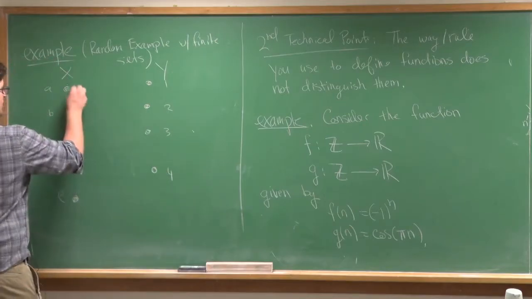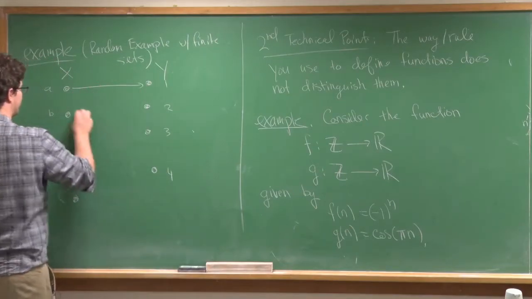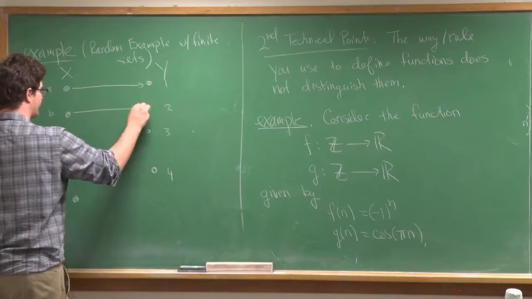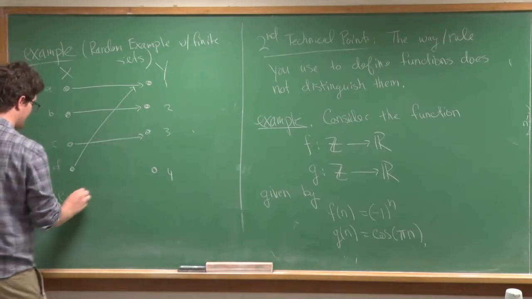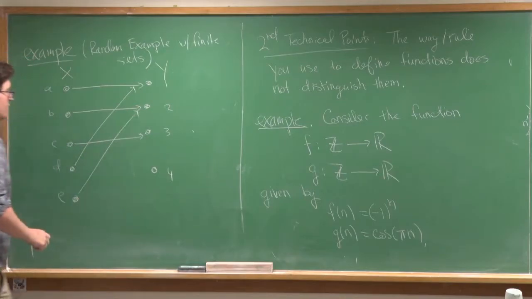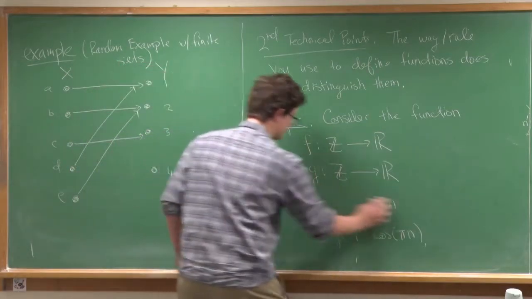Then I'm going to specify the function so that this guy maps to this guy, this guy maps to this guy, and then you repeat. This guy goes up here, and this guy goes up here. I just chose this randomly. So we can make a function out of this cartoon.